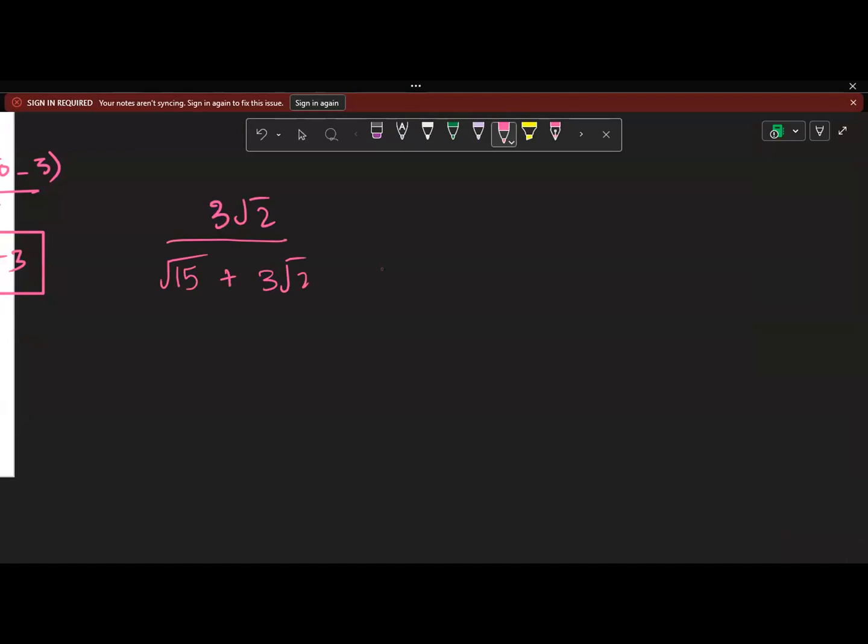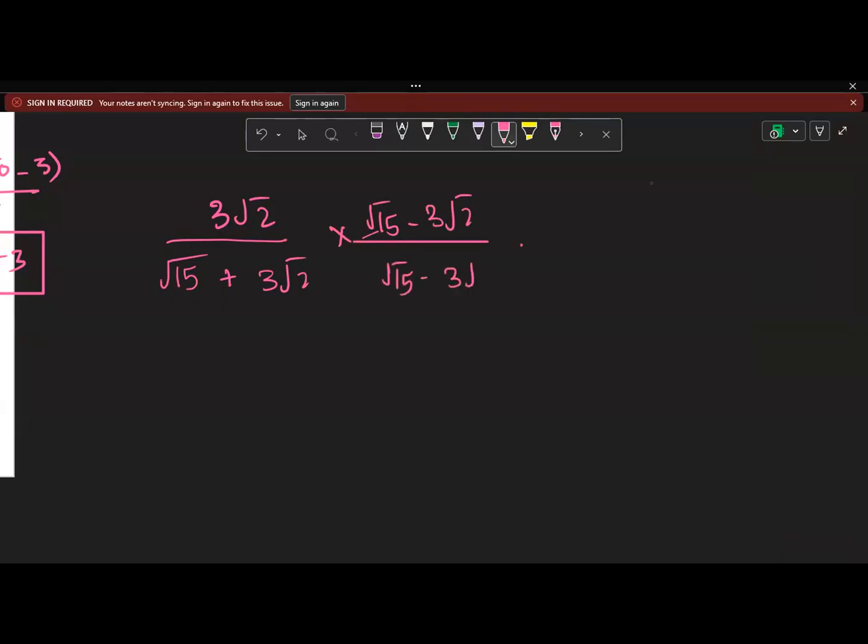Ma'am, 3 root 2 divided by root 15 plus 3 root 2. I multiplied it by root 15 minus 3 root 2, divided by root 15 minus 3 root 2.